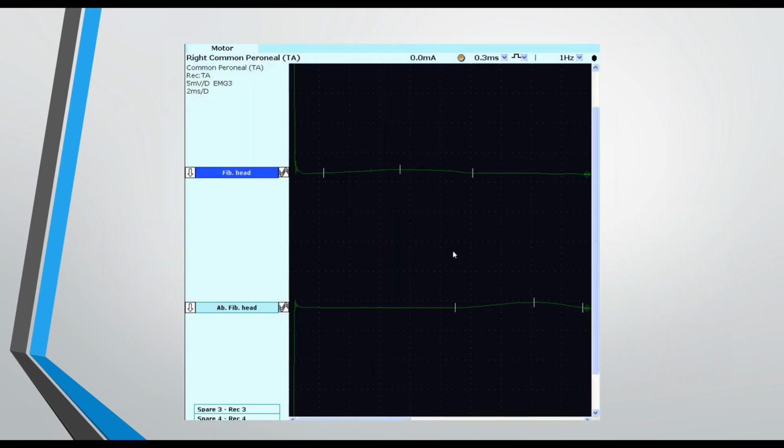In this example, this is someone's tibialis anterior muscle. Apart from the fact that the responses are very small in amplitude, they're really, really broad. Usually this type of response would only cover about 3 boxes at most, and here it's taking up 5. So it's definitely splayed outwards.